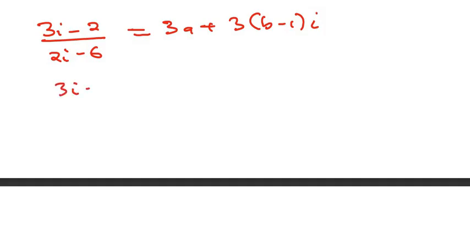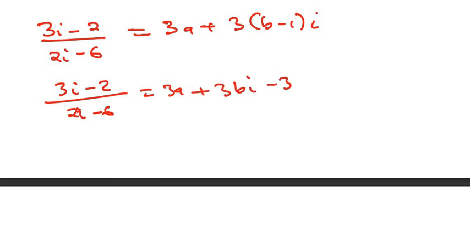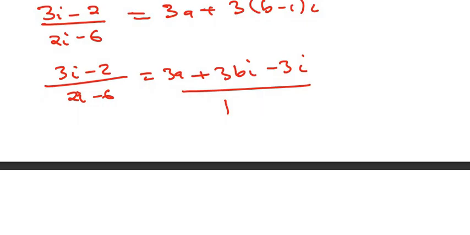So we have 3i minus 2 over 2i minus 6, which is equal to 3a plus 3bi minus 3i. That's what you're going to get. Now cross multiply this. When you cross multiply, you are simply getting 3i minus 2 is equal to, 2i multiplies everything, so that's going to give us 6ai.